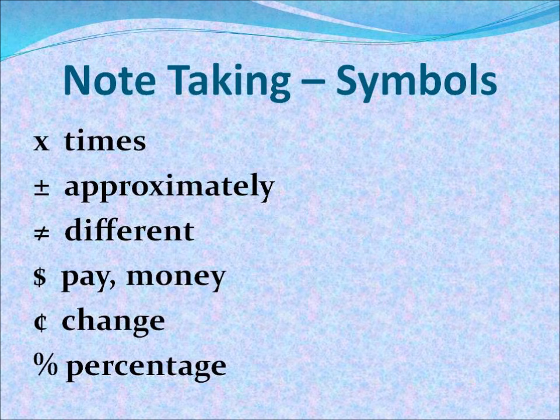Here we continue down the list. We have some more symbols, the times, the more or less, the different, the number sign. I'm sorry, the money sign, which we can see here that we can use as a verb and as a noun. We have change, percentage.